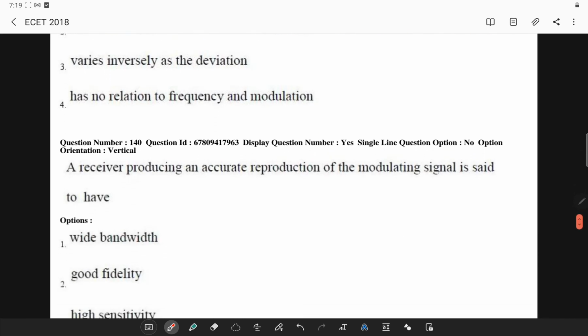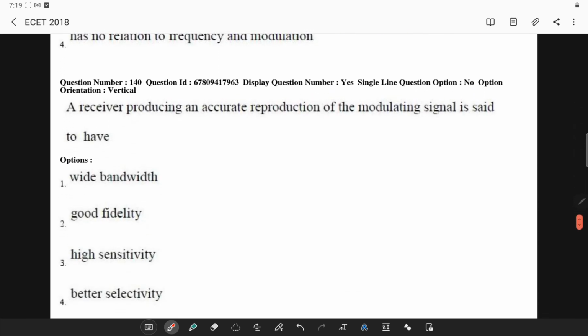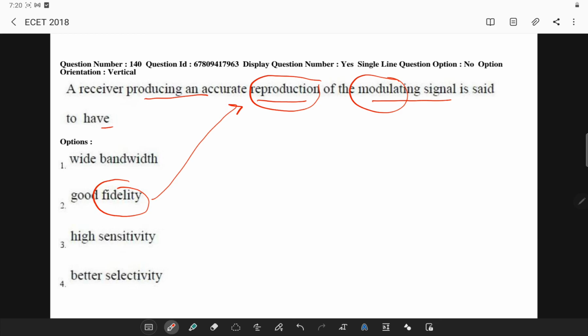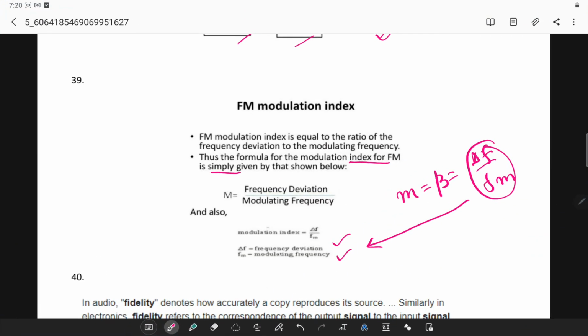Next, a receiver producing an accurate reproduction of the modulating signal is said to have what? This is a definition related to fidelity. Exact, accurate reproduction of the modulating signal is the definition of fidelity.